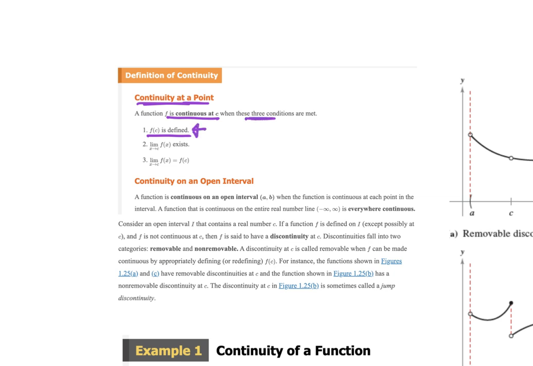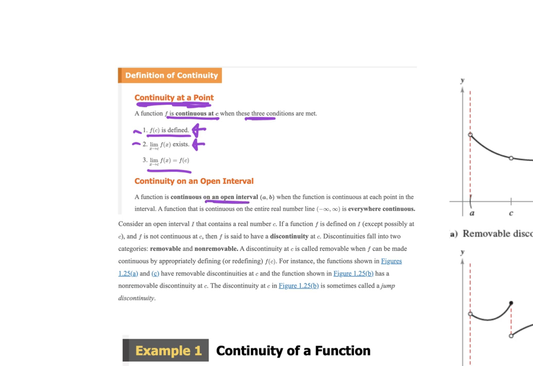So f of c is defined, and the limit as x approaches c of the function exists, and they equal each other. So the three things required for continuity at a point are these three things: that the function is defined when x equals c, that the limit exists as x approaches c, and that these first and second ones equal each other.